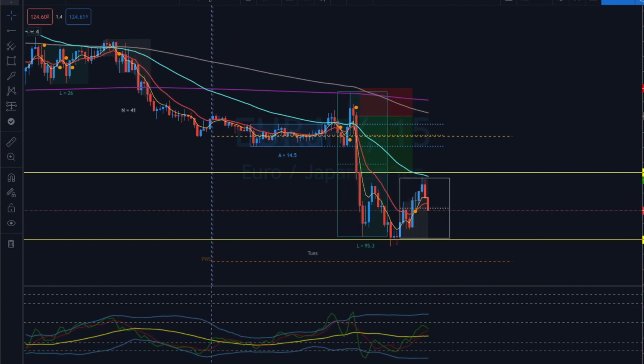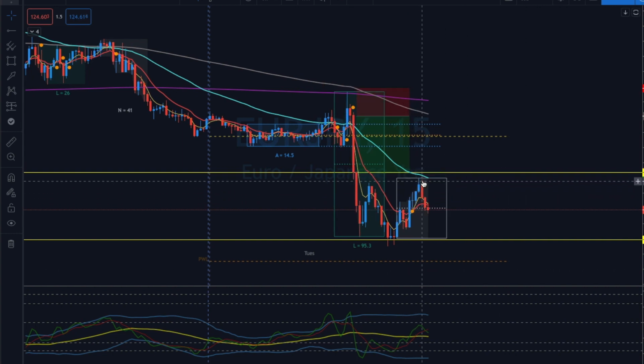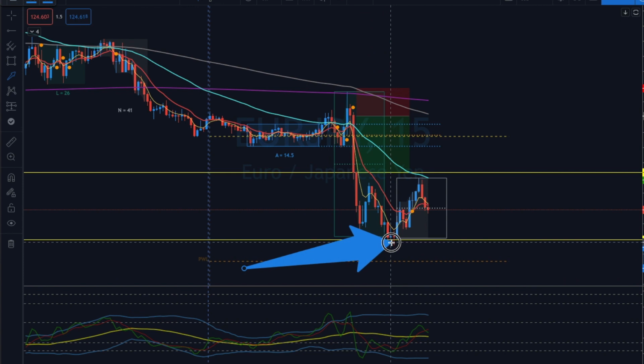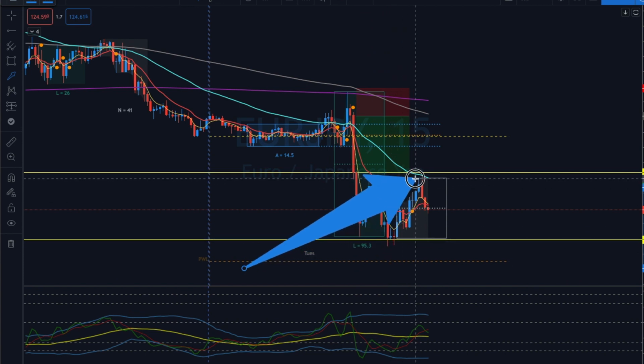So if we play this out here, it makes it to literally the 50. Now there is a setup here as well that you can catch, which is if you're not at the very bottom of the reversal.